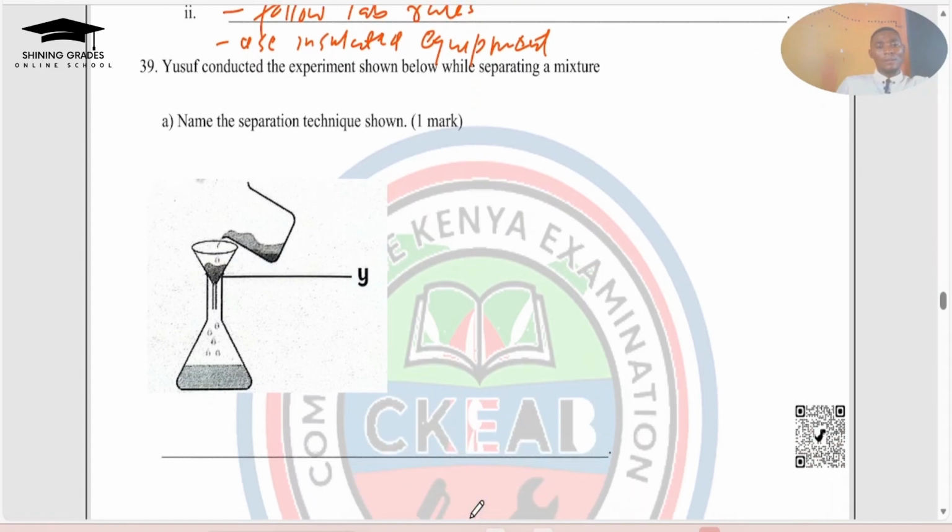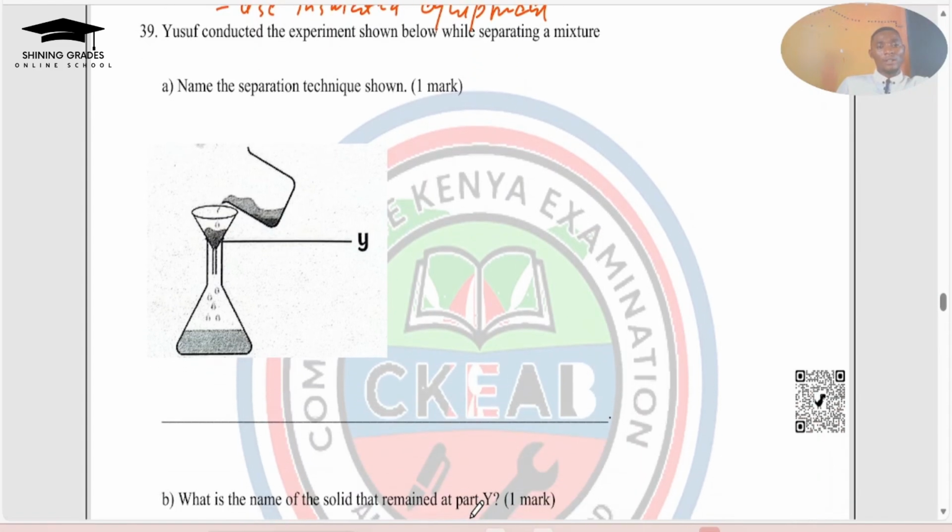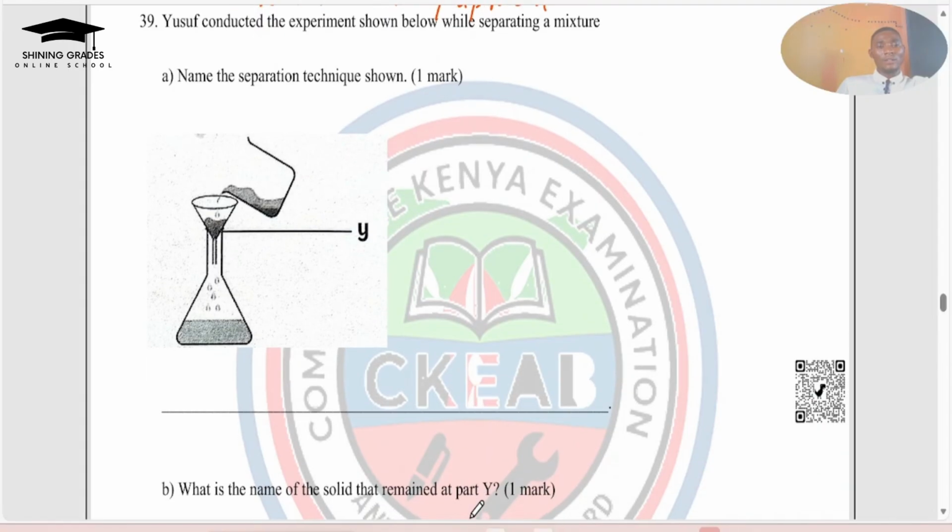Question 39. Yusuf conducted the experiment shown below while separating a mixture. Name the separating technique. This technique uses this apparatus that we call a filter funnel.